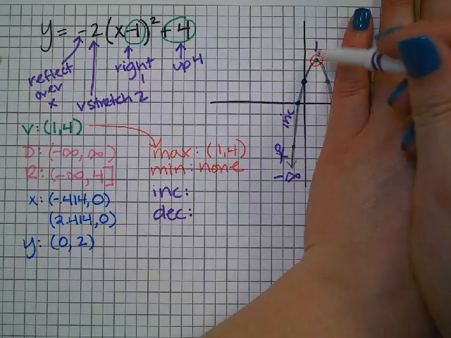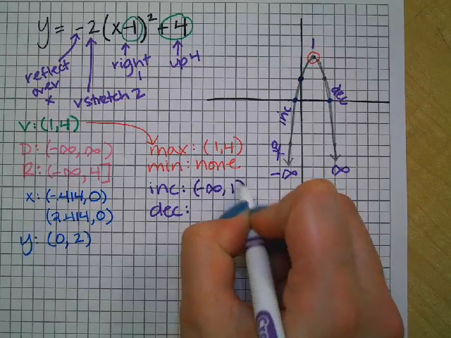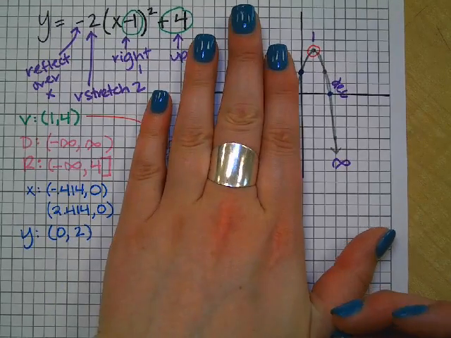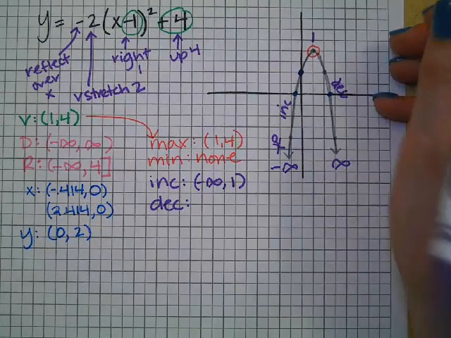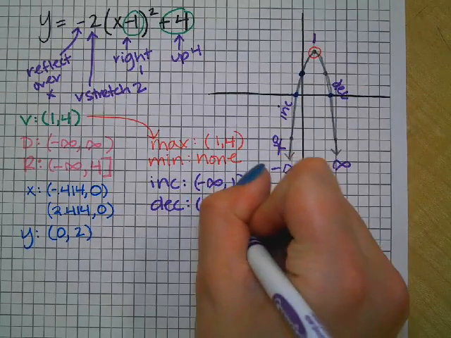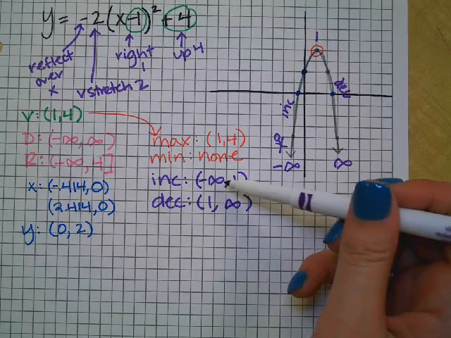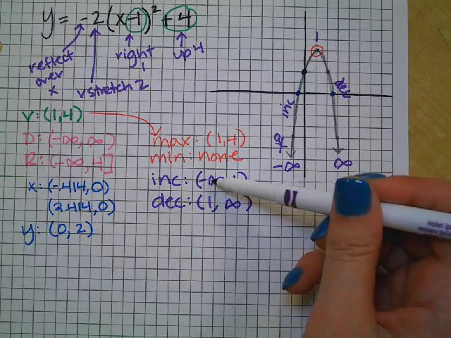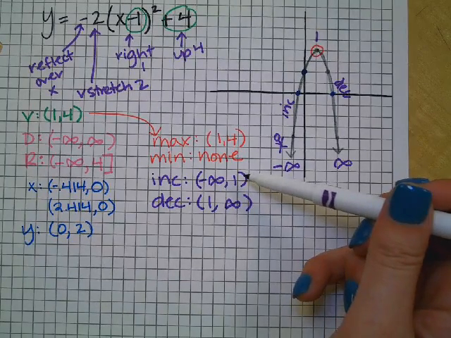We go from down to up. And then what is the decreasing interval? 1 to infinity. We're going left to right. So whenever you write your increasing and decreasing, you're always going to do the smaller number first and then the bigger number. Negative infinity is smaller than 1 because it's very, very negative.